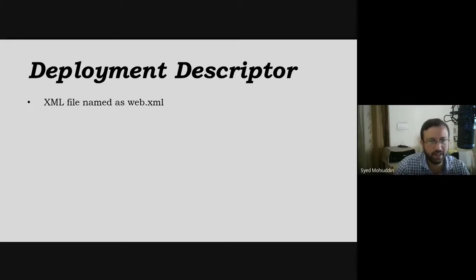And it's not any XML file. We have to specifically name that file as web.xml. Now, we will see how this file looks. We have to place it inside the Apache Tomcat server's WEB-INF directory.